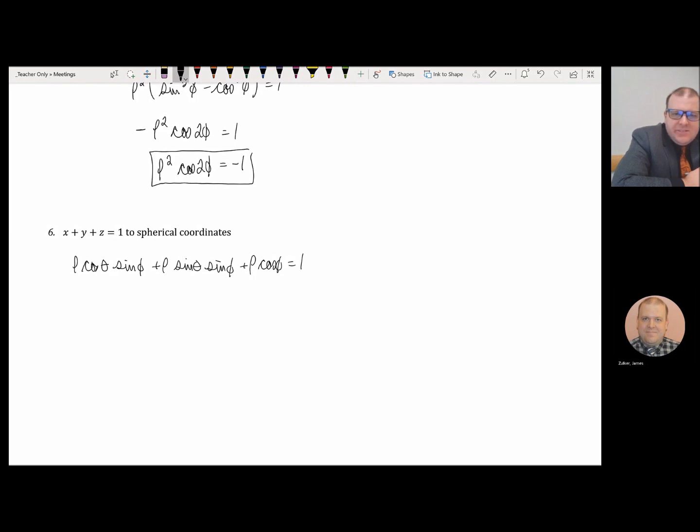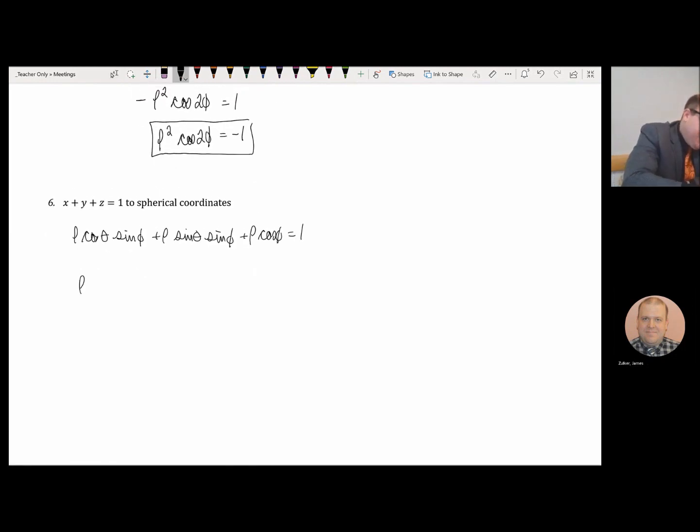Hmm. A way to simplify this, I do not think there is. Aside from factoring out a rho.